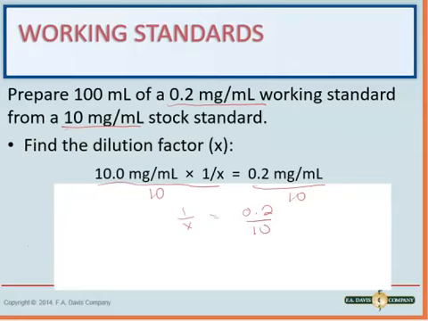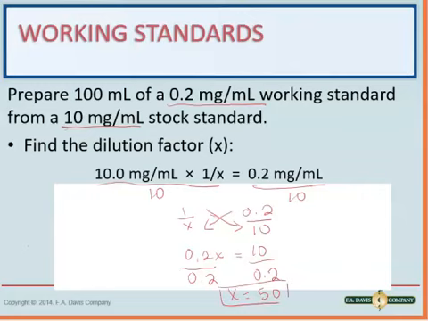Now we can do cross multiplication. 0.2x equals 1 times 10 is 10. And again, we're trying to get x by itself. To solve for x, divide by 0.2. So x is 50. So that's our final answer.